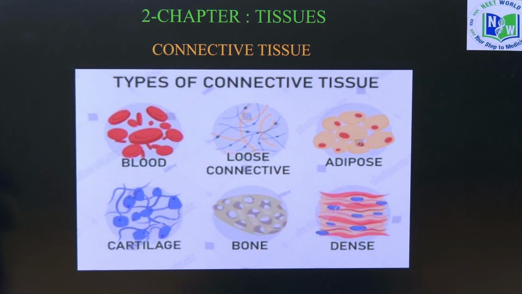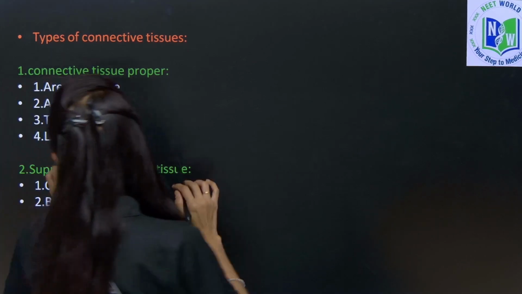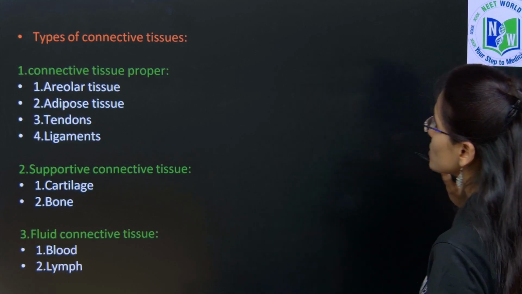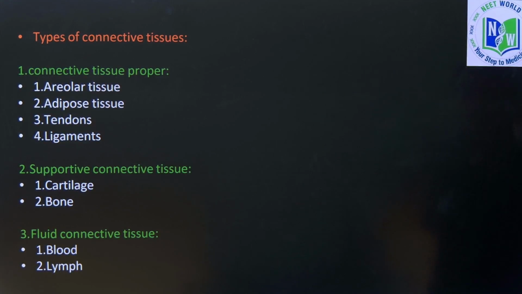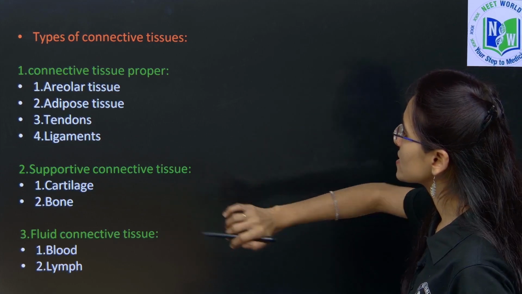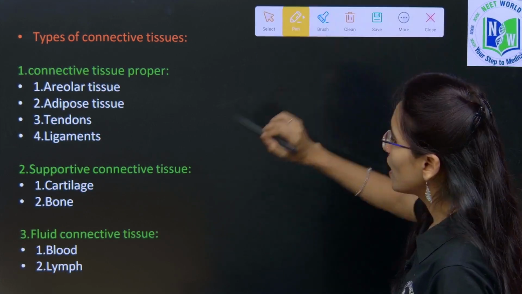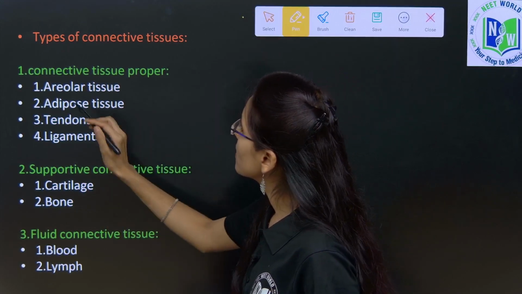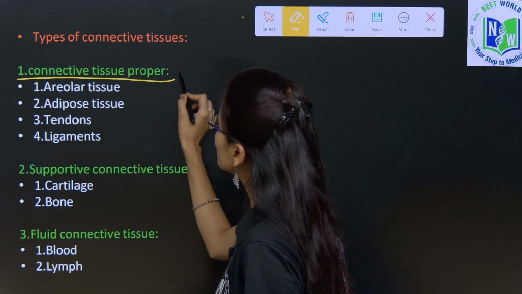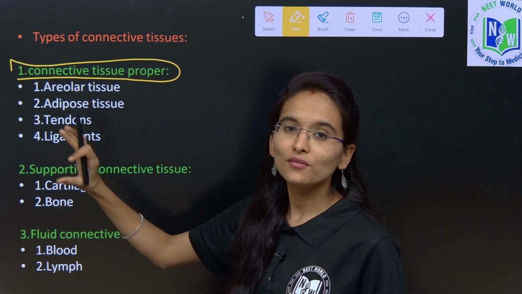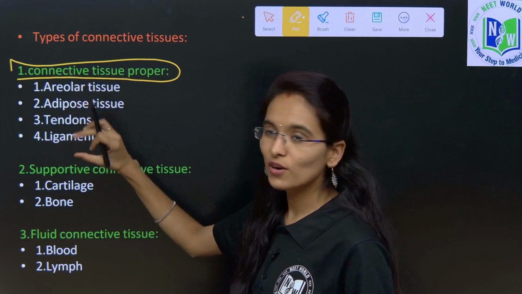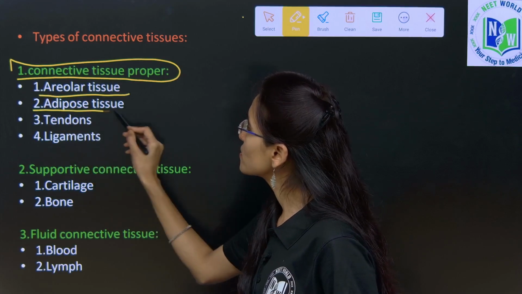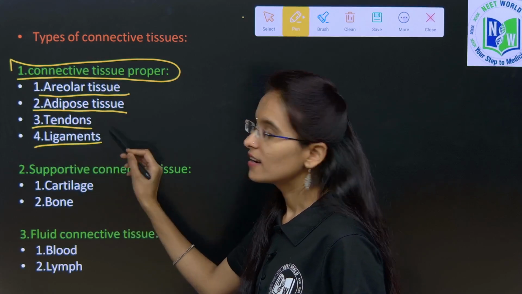The connective tissues are generally of 3 types: connective tissue proper, supportive connective tissue, and fluid connective tissue. Connective tissue proper is divided into 4 types: areolar tissue, adipose tissue, tendons and ligaments.